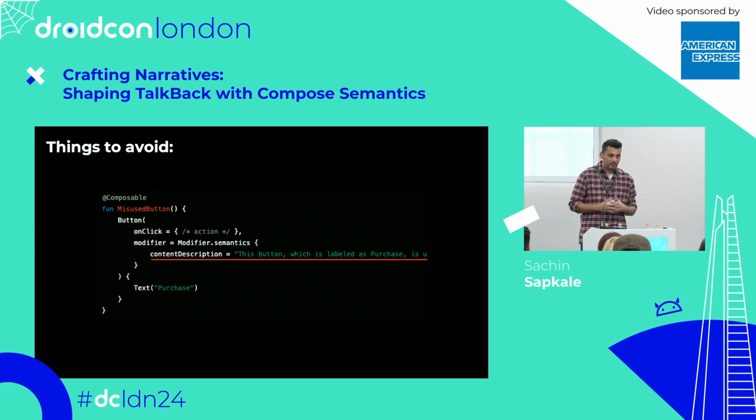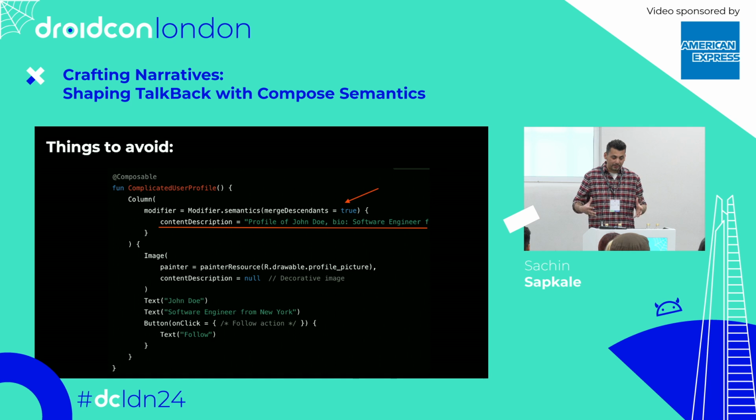Having a long content description can also add to a degraded experience. For example, a simple UI, as a button, doesn't need a long sentence of content description. It could be a smaller one. Complicated hierarchy. If you see this example, the parent column has been assigned a semantic which says merge descendants true, and with a content description.